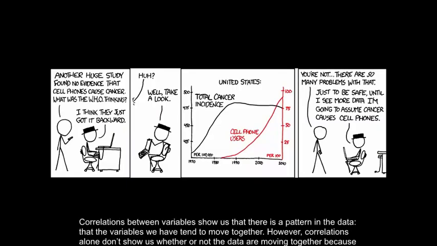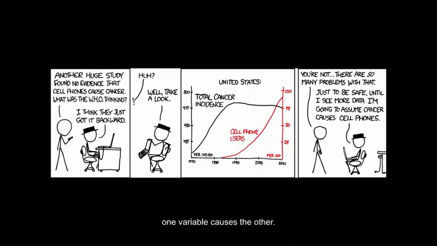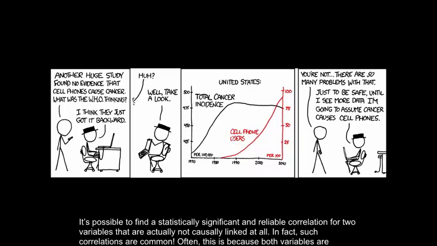Correlations between variables show us that there is a pattern in the data, that the variables we have tend to move together. However, correlations alone don't show us whether or not the data are moving together because one variable causes the other. It's possible to find a statistically significant and reliable correlation for two variables that are actually not causally linked at all.